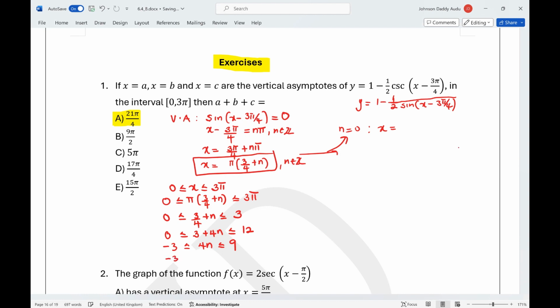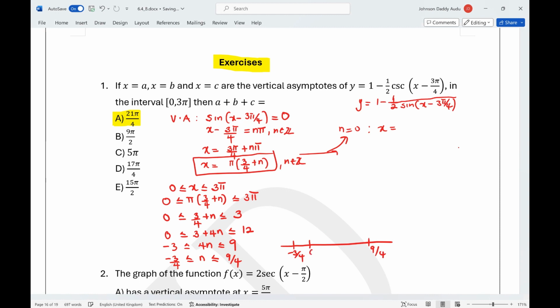So this will be less than n less than or equal to 9 divided by 4. So it means what we're actually working with is minus 3 over 4 and 9 over 4. So here, what are the integers?